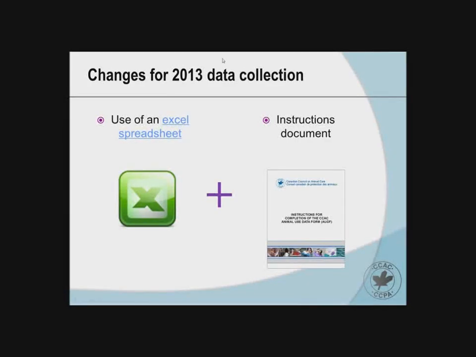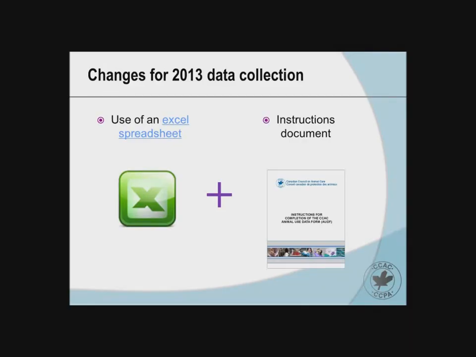We hope to be able to provide quality data that can be used by institutions as well as by the CCAC in order to improve animal welfare in science in Canada. But we can only do so with your help.